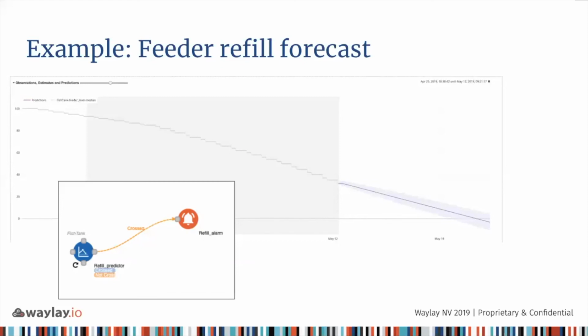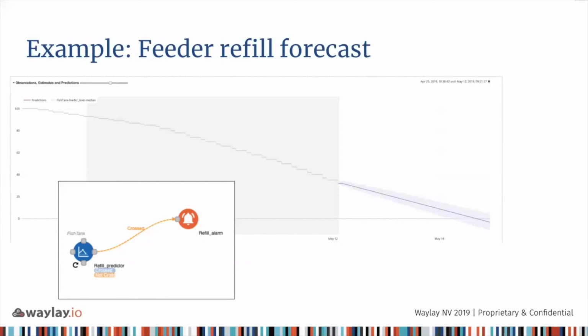They're getting low, and you want to know, okay, when does it hit the limit of 10%? Then I want to create an alarm such that I can order in advance additional food on the market at the right price, for example.